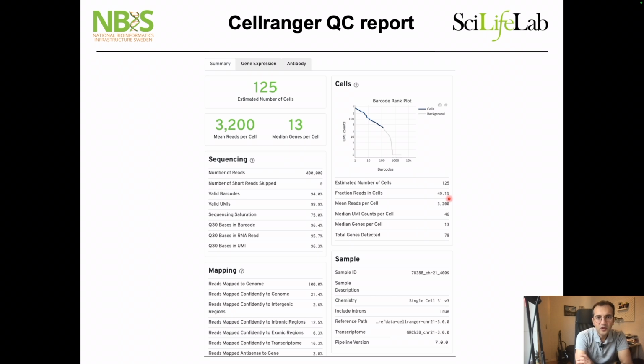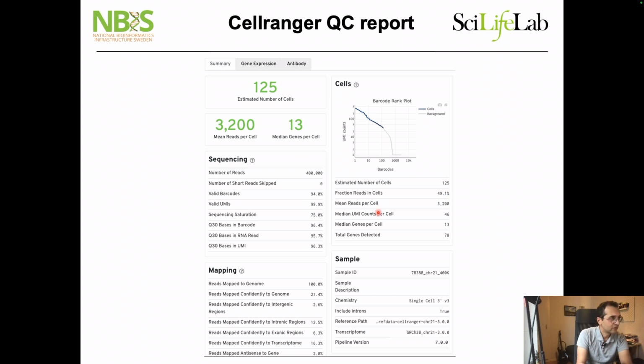The question is, how could it tell that there are introns included? Because it has the full reference, and it can also have the information of intronic regions. So we have different isoforms, and some of the reads may align into intronic regions as well.